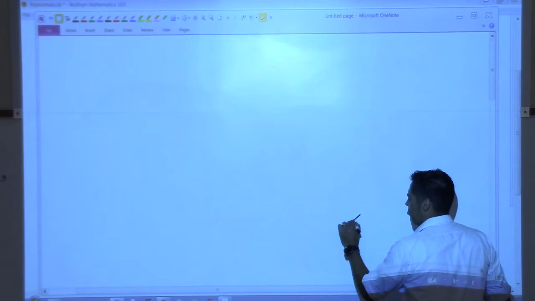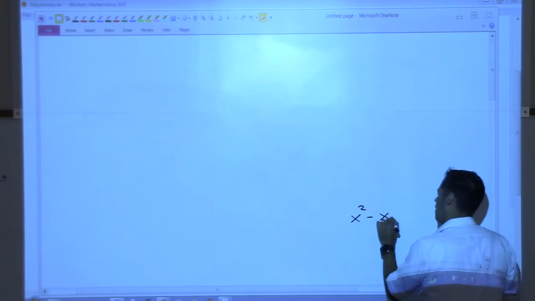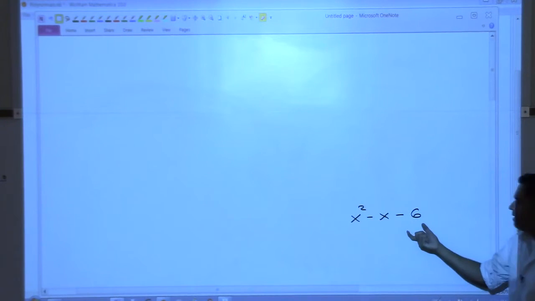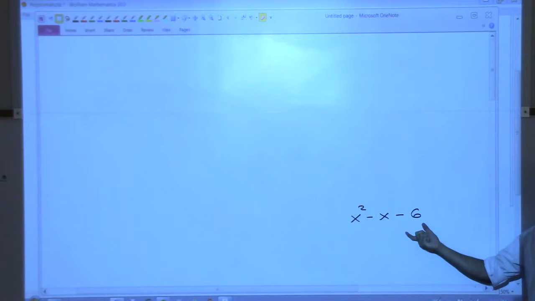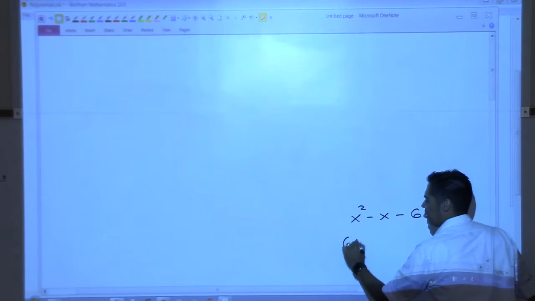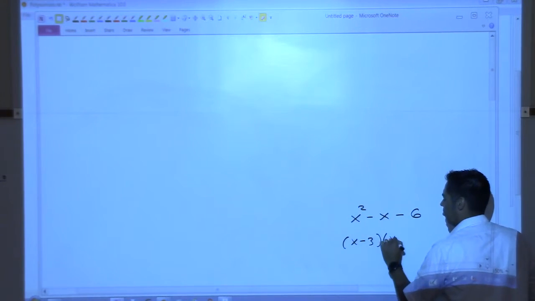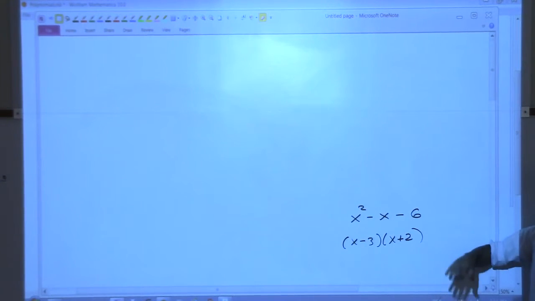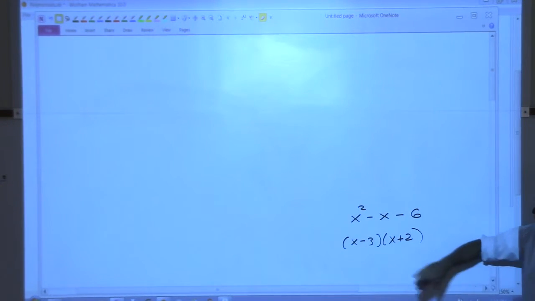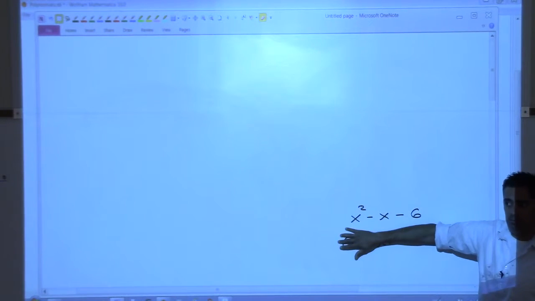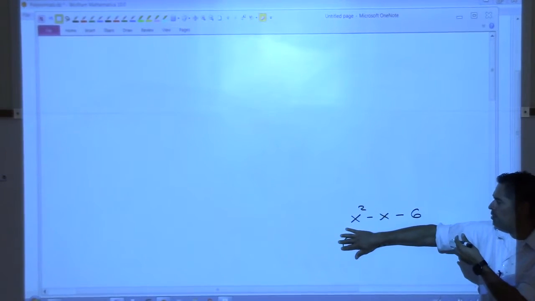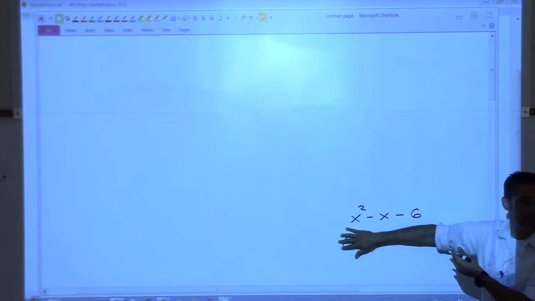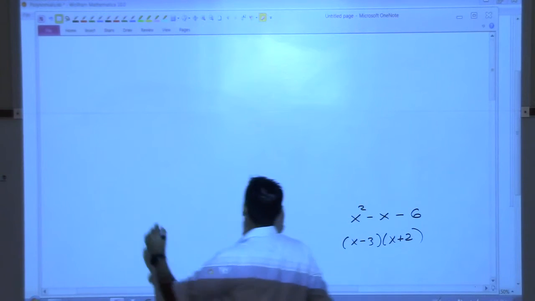So don't write this down, but that's a quadratic that everyone here should be able to factor with the AC method. This becomes x minus 3, x plus 2, right? So when I'm making up these problems for you to graph, what I usually start with is a quadratic. And then all I do is get a GCF and multiply it through. So I'm going to multiply this through by negative x squared, and see what I get here.